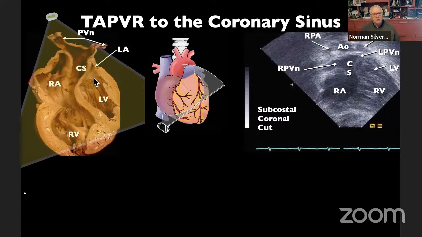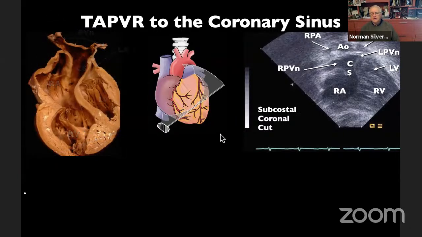And here is the mitral valve draining into the left ventricle. And here is this enlarged coronary sinus orifice with the vein draining directly into the right atrium, just above the tricuspid valve and into the right ventricle.